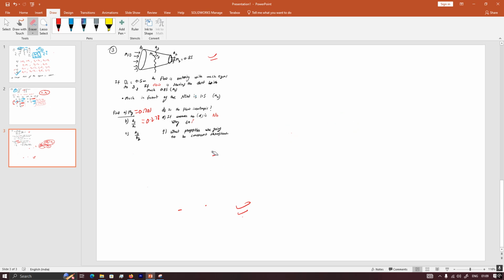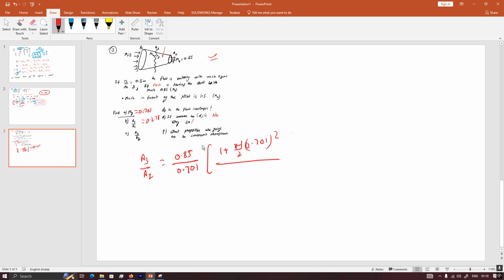Now you don't have to take the Mx, you'll be taking My. So A3 by A2 will be equal to, what's the Mach at the A2, which is 0.85, upon 0.701, yeah, My. 1 plus (gamma minus 1)/2 times 0.701 squared upon 1 plus (gamma minus 1)/2 times 0.85 squared, to the power 3.